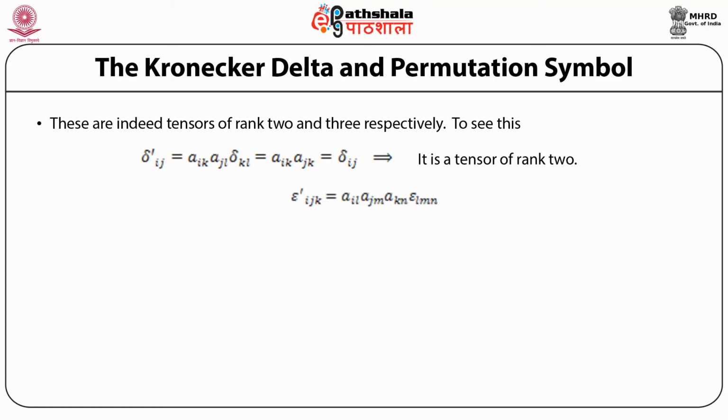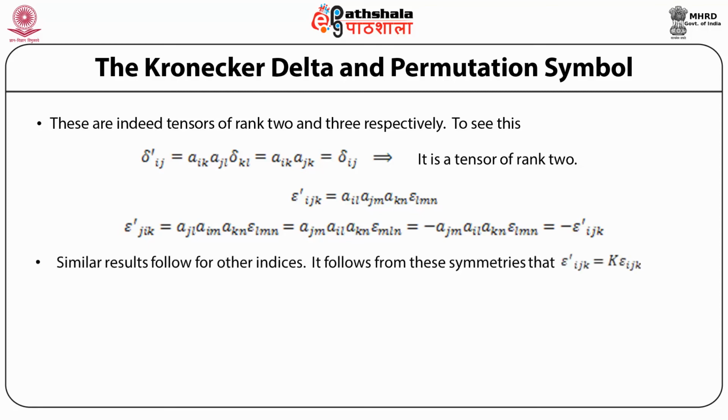Epsilon dash ijk equals ail ajm akn epsilon lmn, and epsilon dash jik equals ajl aim akn epsilon lmn, equals ajm ail akn epsilon mln, equals minus ajm ail akn epsilon lmn, equals minus epsilon dash ijk.